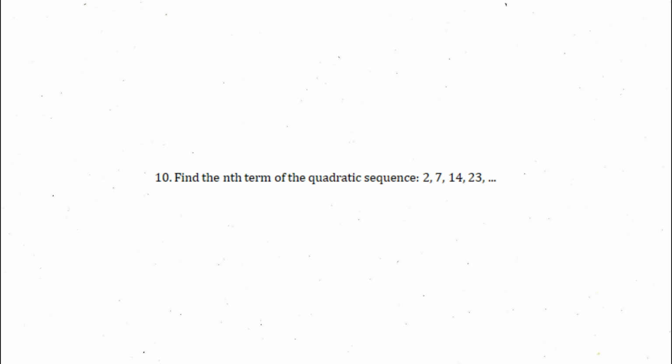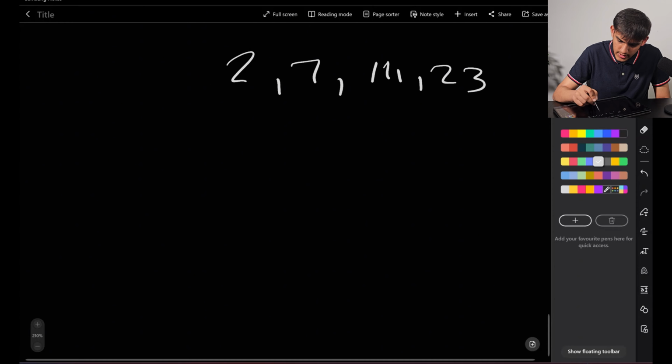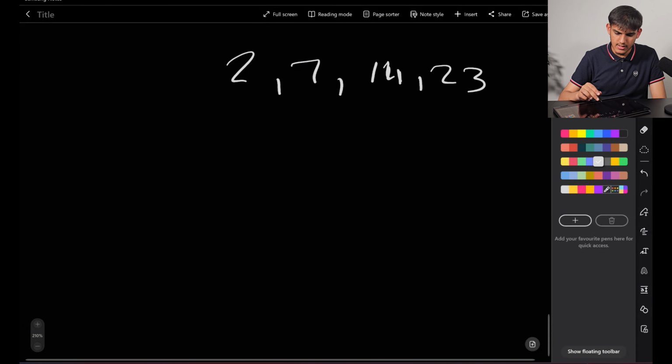So the last question of the worksheet asks us to find the nth term of the quadratic sequence 2, 7, 14, 23. So what we're going to do here is find the first difference.